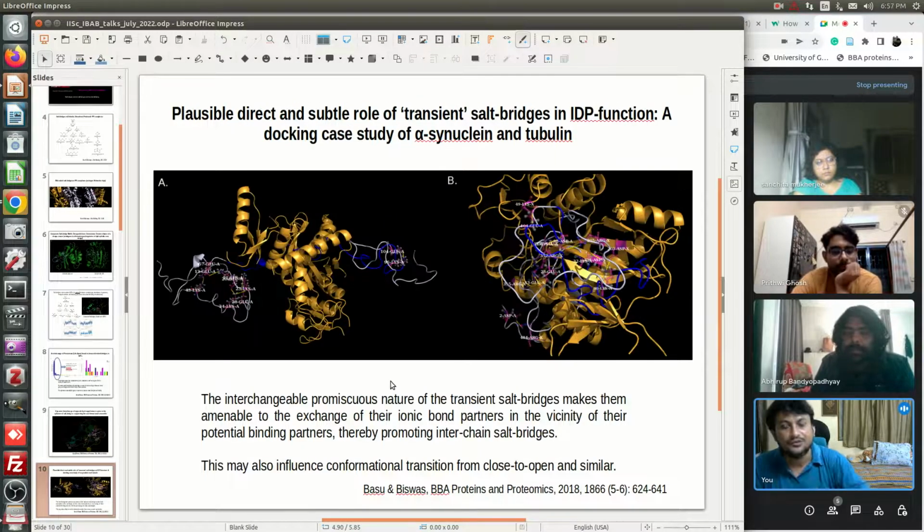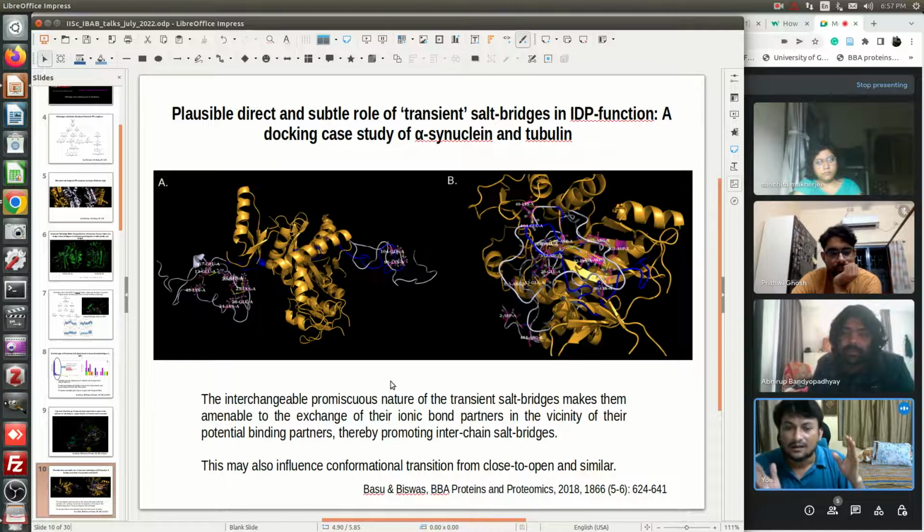Then the reviewer asked a very interesting question: how can you say that these are functionally optimized, evolutionarily speaking? Is there a selection of such a distribution of salt bridges? To address that, we took a very well documented interaction in terms of all the biophysical assays, the interaction between tubulin and alpha-synuclein, which is the causative protein of Parkinson's.